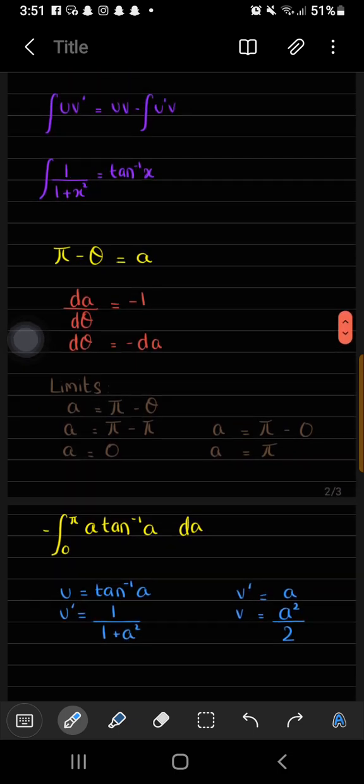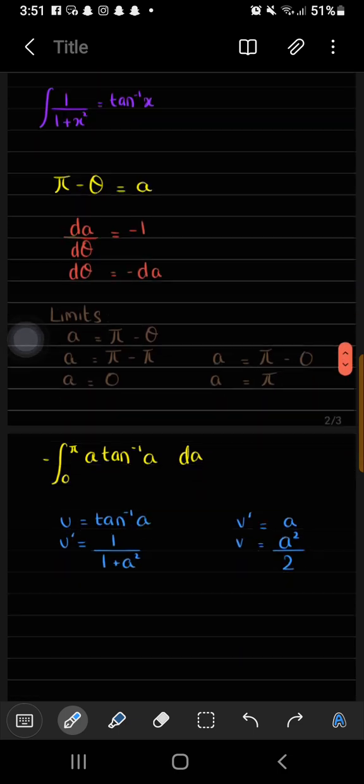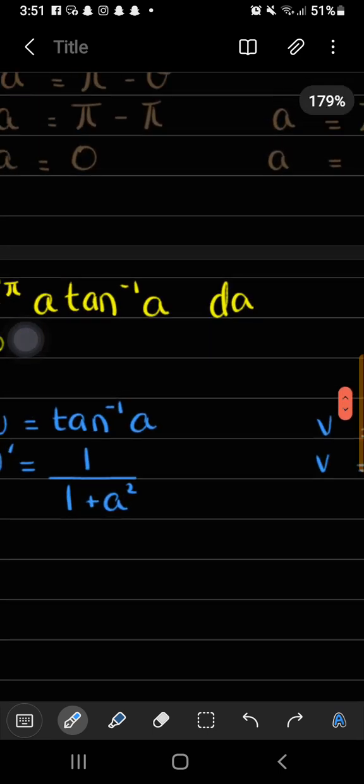If you look at v prime, so it is equal to v u.